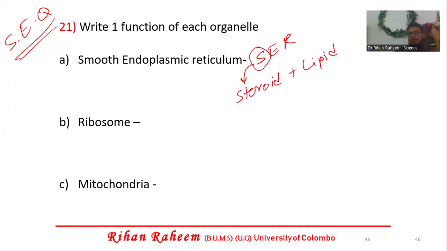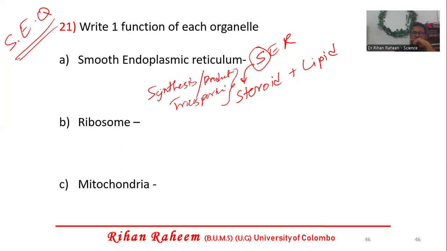So production of steroids, production of lipid, transportation of steroids, transportation of lipid, that is correct. If someone says transportation of protein, that is wrong. Synthesis of steroid is also correct. Synthesis means production, okay?